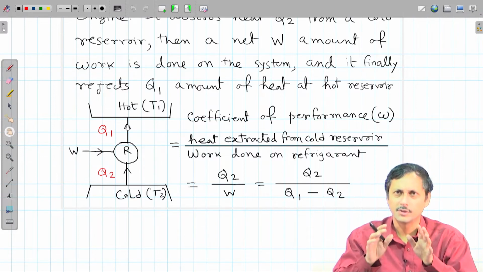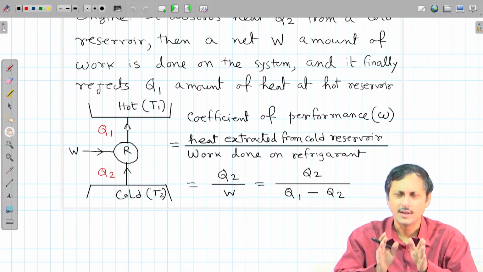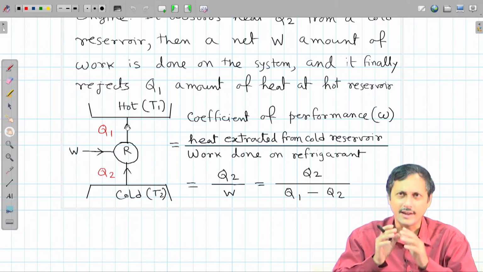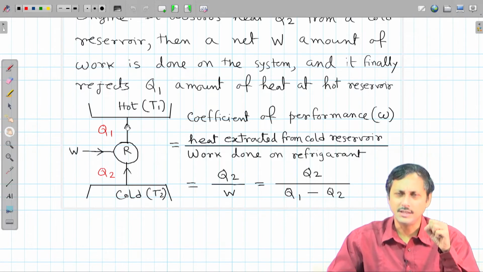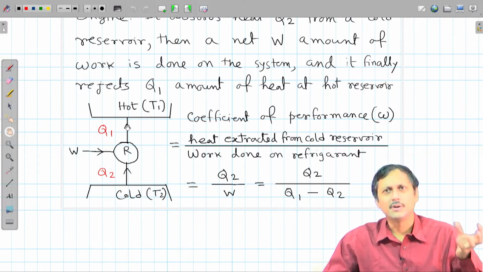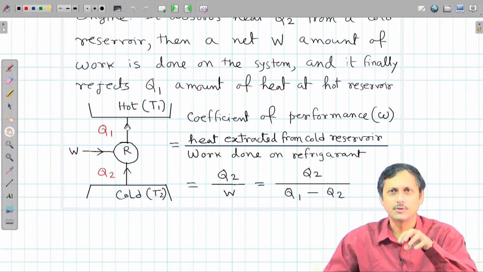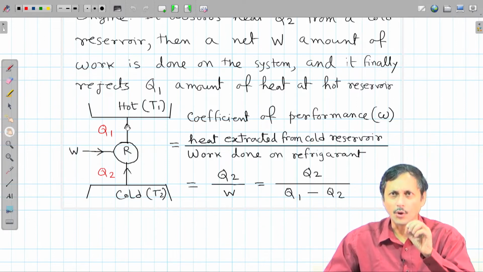The law of conservation of energy holds as always, and so it takes a lesser amount of heat from the substance or the area which it needs to cool, and then some mechanical or electrical work has to be performed on the machine.